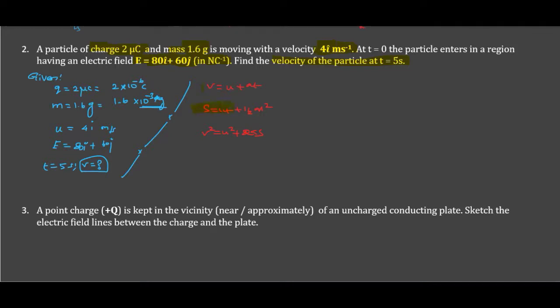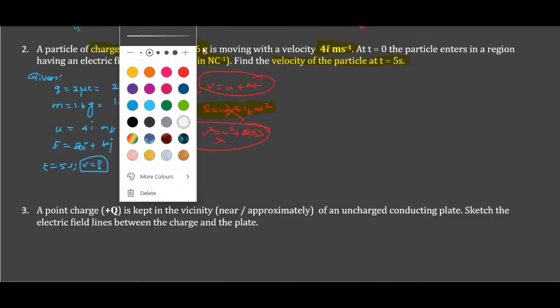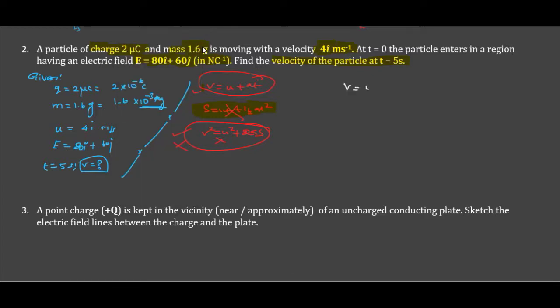We can't use the second equation because the distance is not given, and we can't use the third one either. So the only possibility is the first equation, V is equal to U plus AT. U is given, T is given, A is not given, so we have to find the acceleration of the particle.